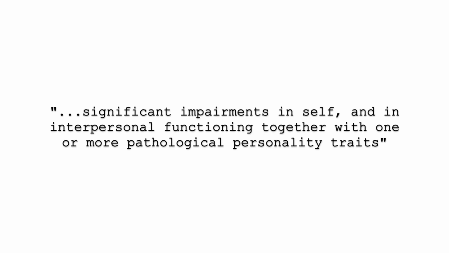So according to the DSM-IV, which is pretty much like the Bible of mental illness and psychological disorders, there are 10 different kinds of personality disorders. One could be diagnosed with a personality disorder if there are significant impairments in self and interpersonal functioning together with one or more pathological personality traits.